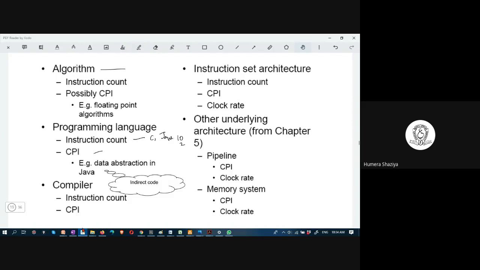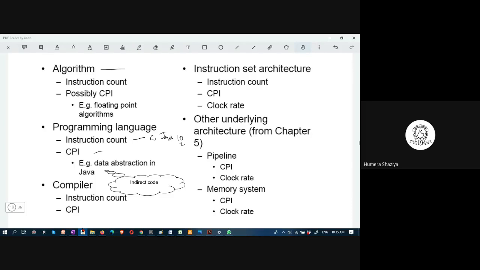So the programming language also has an impact on the performance of a program. In which programming language the program has been written matters. If it is written in a language which is very efficient, apparently it takes fewer instructions and cycles per instruction.